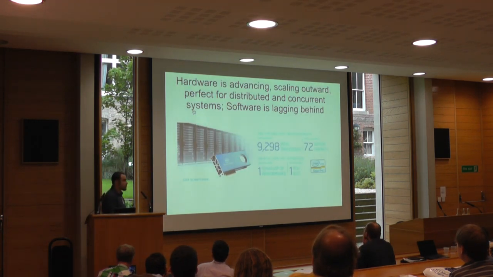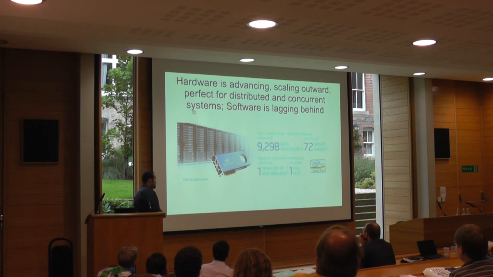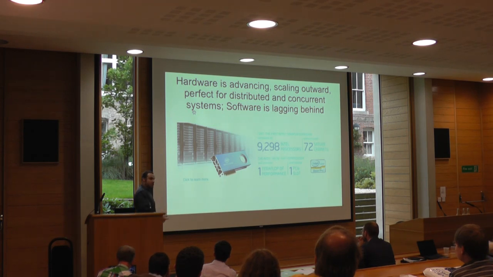Now, as we know, hardware has been improving by scaling sideways. We've been increasing the number of cores rather than the speed. So right now it's a perfect time to implement these kinds of distributed artificial intelligence-based systems, because we have fully distributed hardware, and we can take advantage of that if only we had a programming language that utilizes this, and artificial intelligence systems based on concurrency and distribution.